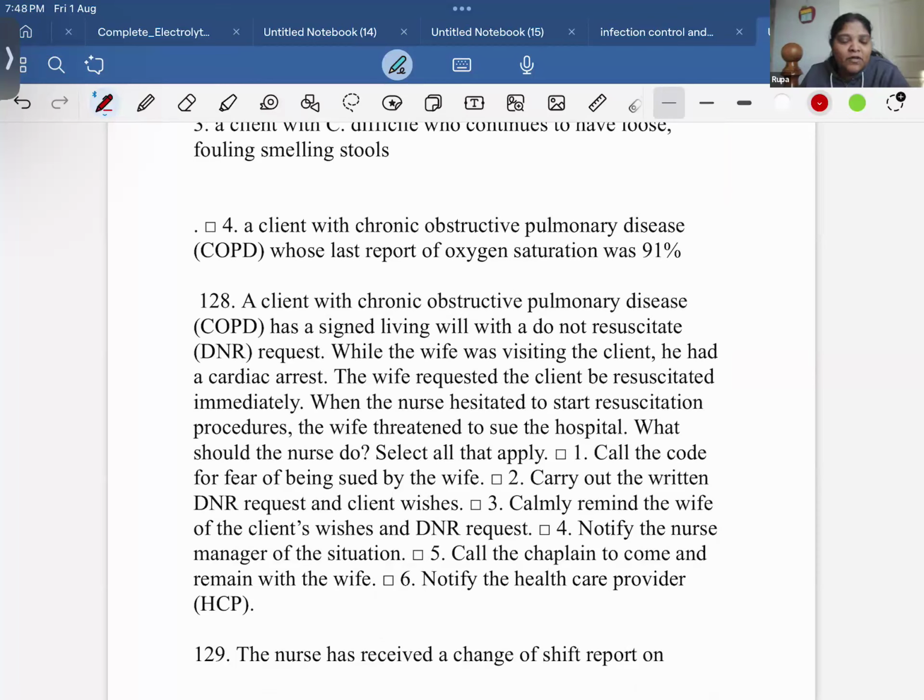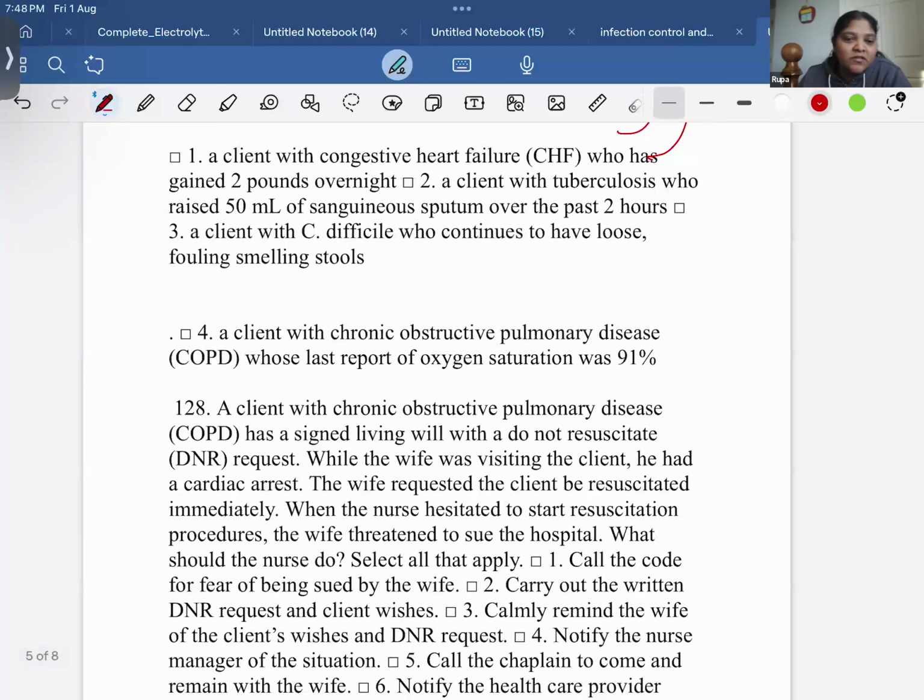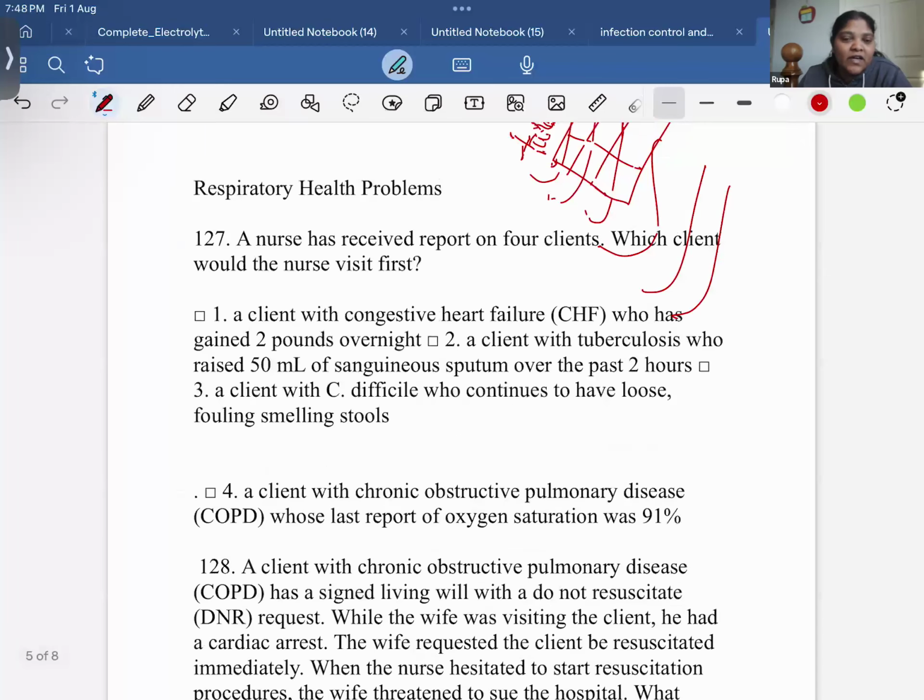Ma'am, the first question: cholera is continuous loose stools. So continuous loose stools have dehydration. But it is not specifically saying dehydration. They didn't say, but continues to have loose, foul-smelling stools. This is the characteristic feature of this disease, which we already know.